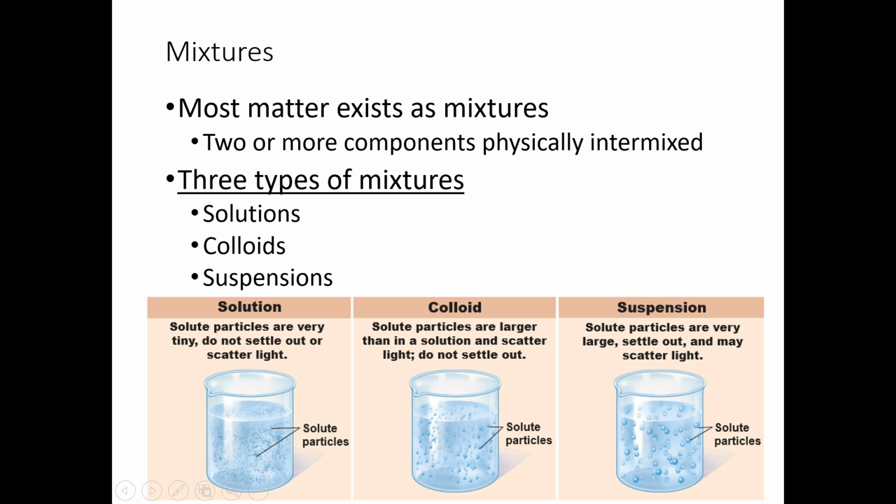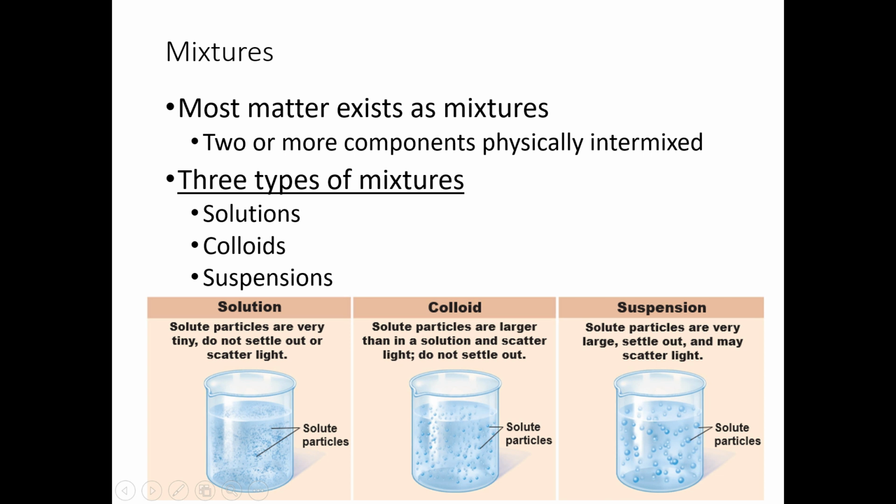Colloid is when particles are larger and you can see them. For example, milk would be a colloid. When you look at milk, you see it's not transparent. You can see that yellowish whitish color, and that would be particles of fat and proteins.